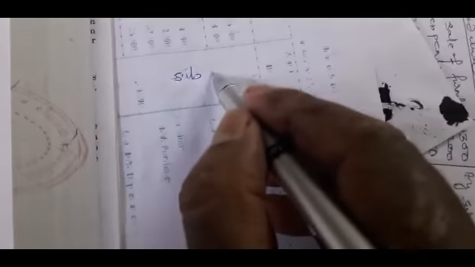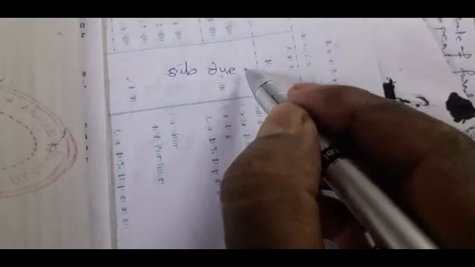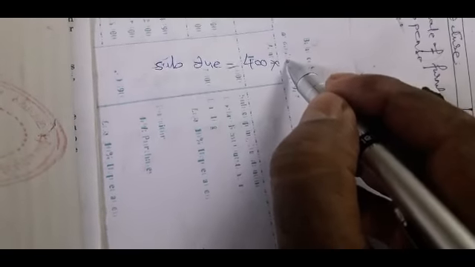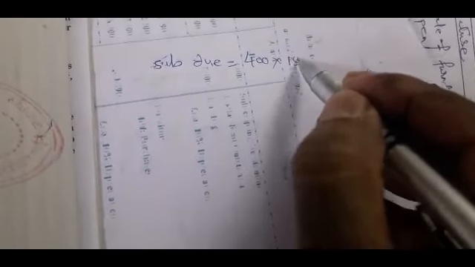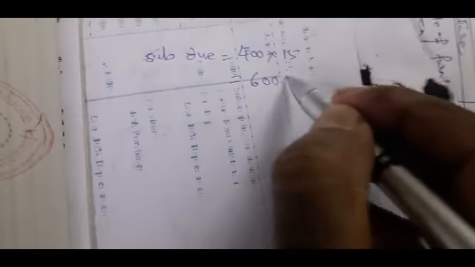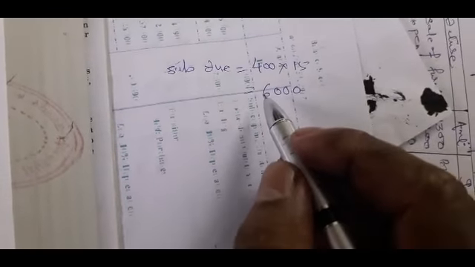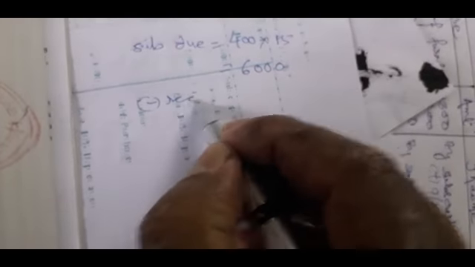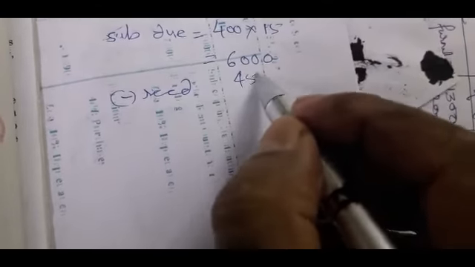So subscription due is 400 members at the rate of 15, 6,000 rupees. Subscription actually received is 4,500.